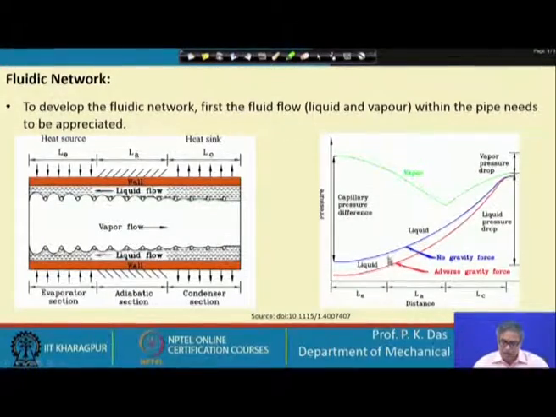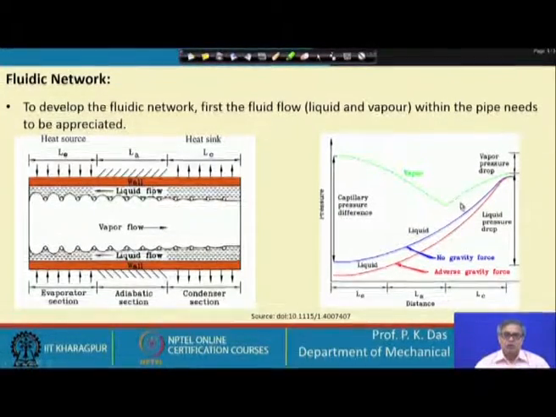As it overcomes the evaporator length, then there will not be any further vapor generation, mass flow rate will not increase, but the flow resistance will still continue in the adiabatic section. So, there will be still a fall in the pressure of the vapor. So, it will come to the lowest pressure at the end of the adiabatic section.